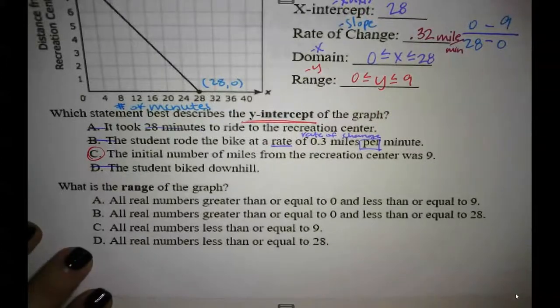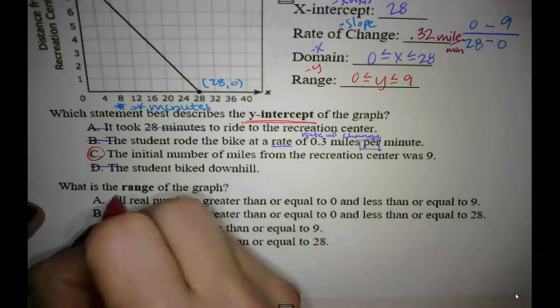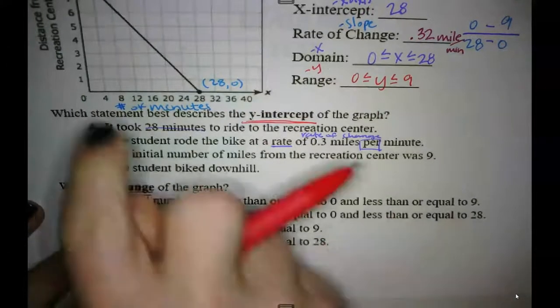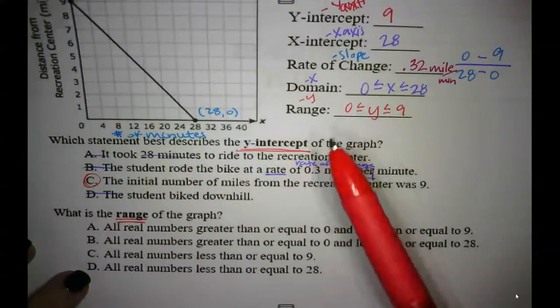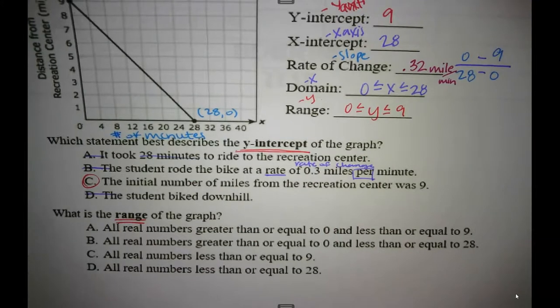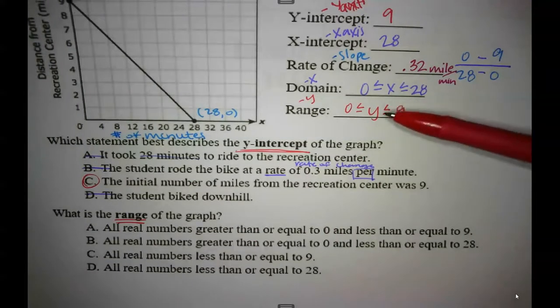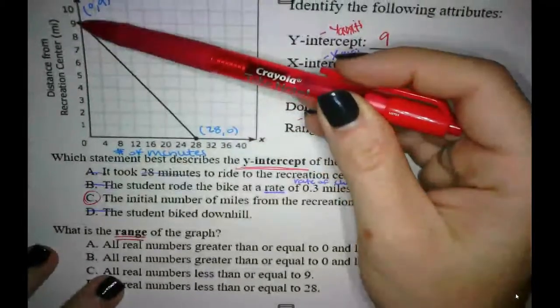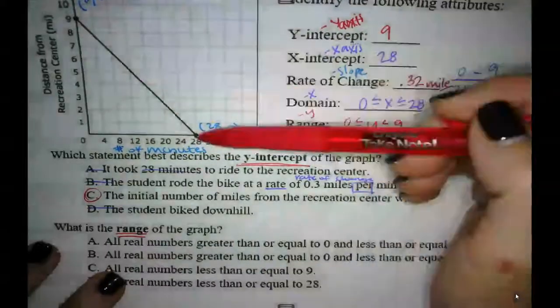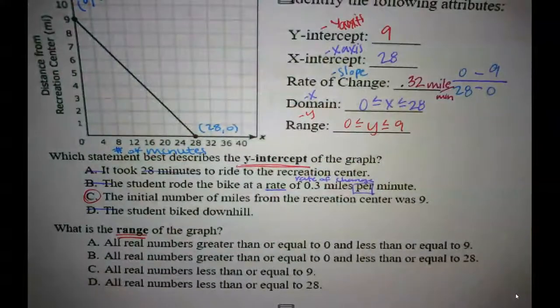All right, what is the range then? Again, remember the range is my y values. So what is our range representing? We figured out that the range is from 0 to 9, looking at our graph that we were given. That is our range, 0 to 9.